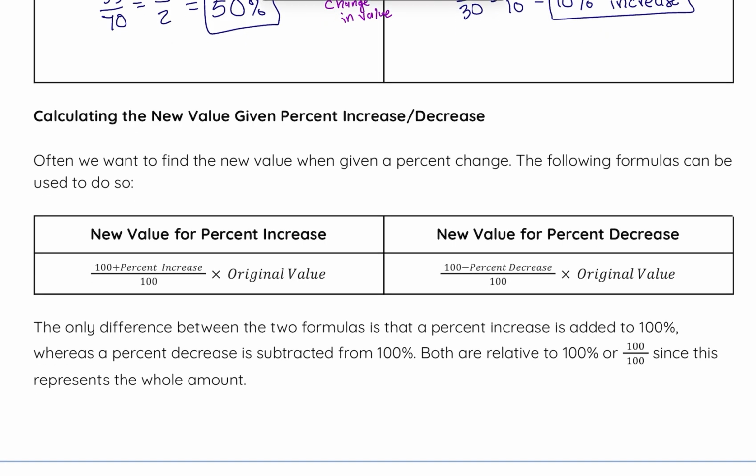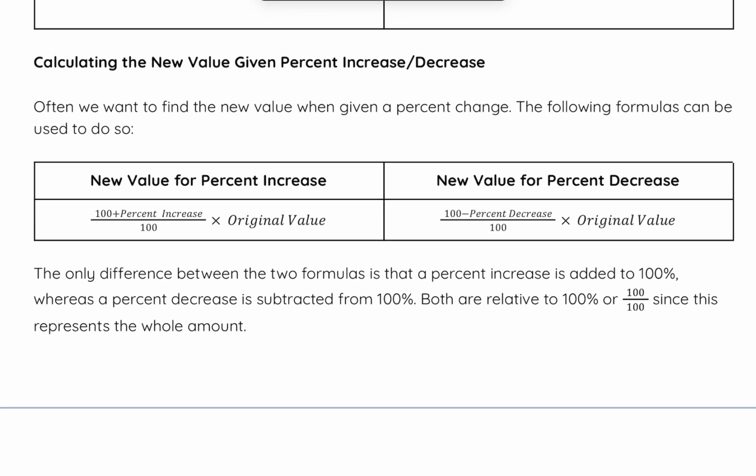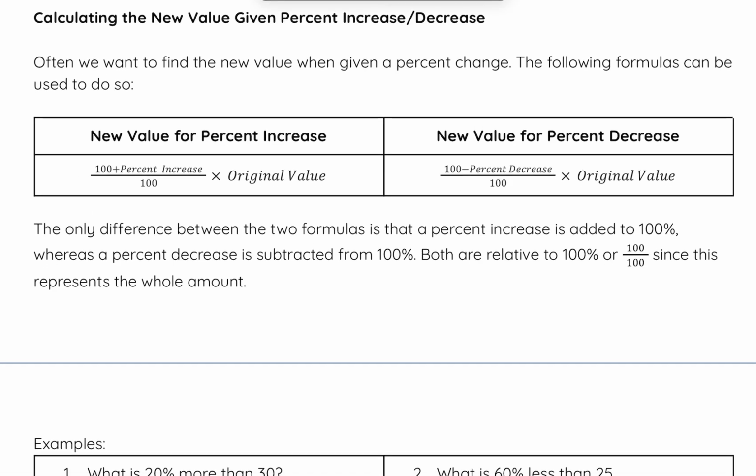All right, the next type of question that you might be asked as it pertains to percent change is to find the new value given the percent change. We have two different types of percent change, like we talked about: a percent increase and a percent decrease. These are the formulas that we use for percent increase and decrease, and you might notice that they look very similar.